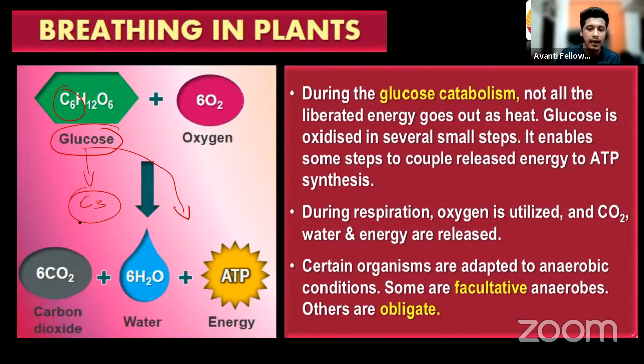What are facultative anaerobes? They don't need oxygen compulsorily to survive, but they depend on oxygen for respiration. Whereas strict anaerobes live in a completely oxygen-lacking environment. And most of us are strict aerobes, correct?